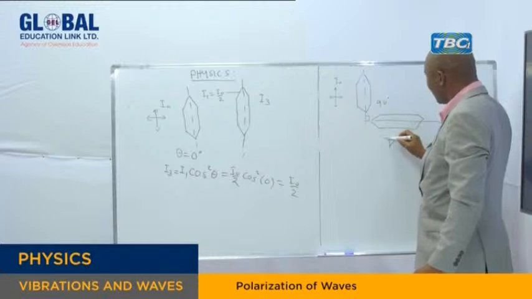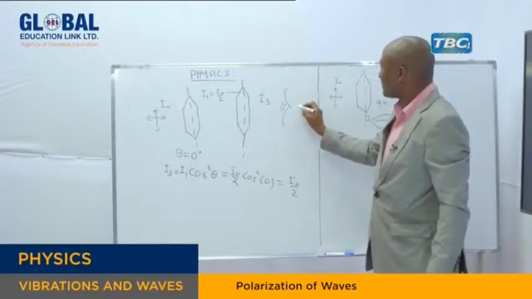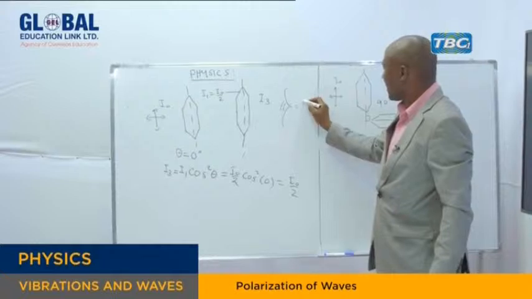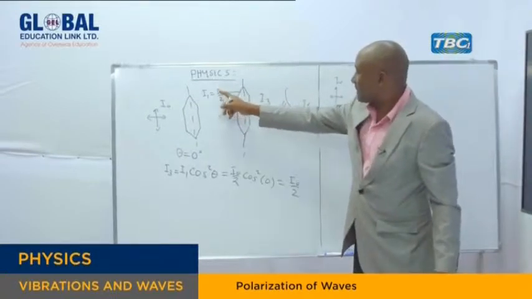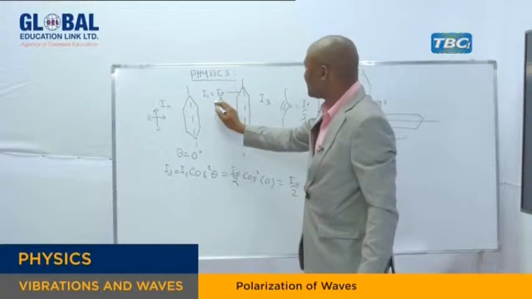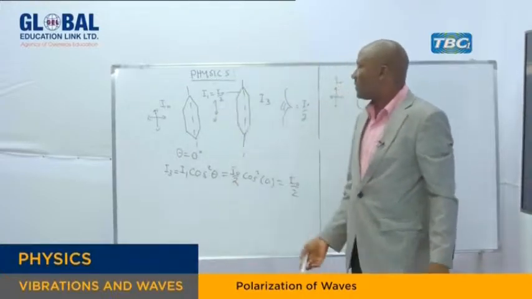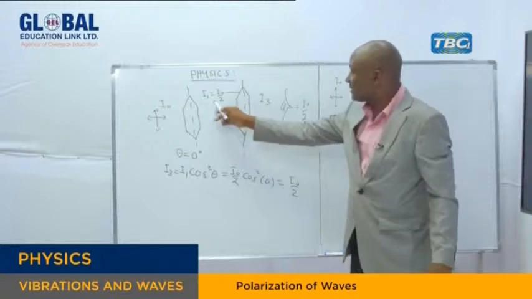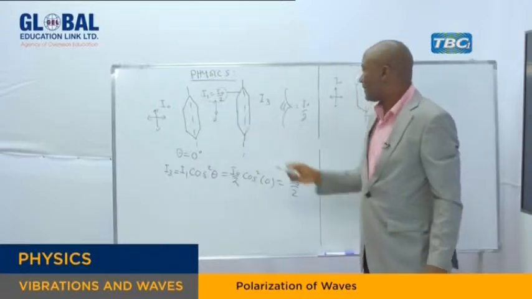How much will be transmitted here? We saw that the amount here will be equal to I naught over 2, because the component which has been transmitted here is vertical. This vertical component is part of the transmission axis. The same amount will be allowed because it's parallel.